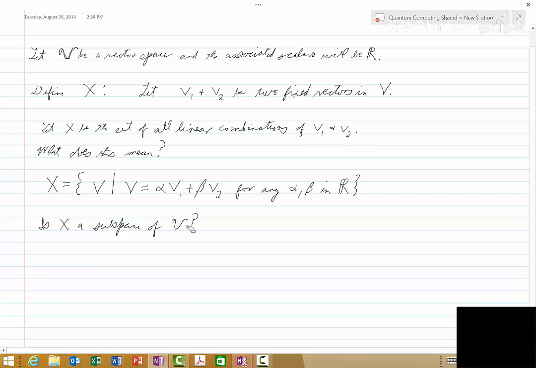And as usual, the way that we will answer this is to look at our two properties. First, is X closed under vector addition? Okay, that will be our question.